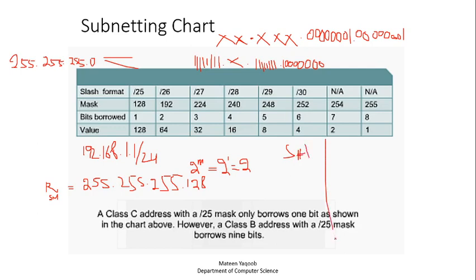Subnet number 1 will have starting IP of 1.1 to 127, and subnet number 2 will have the starting IP from 192.168.1.128 to 255.